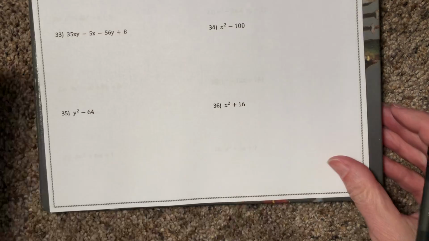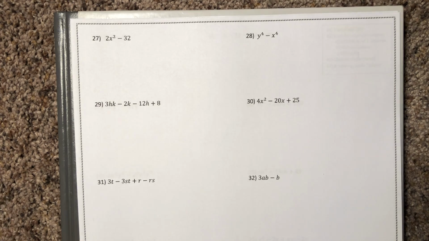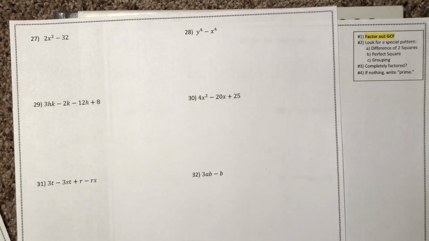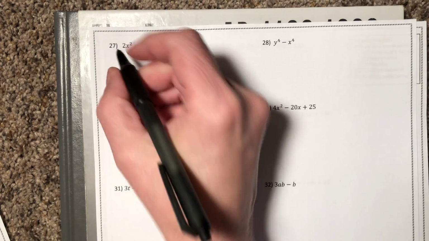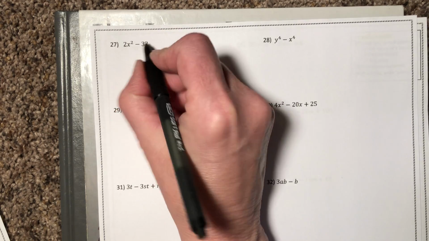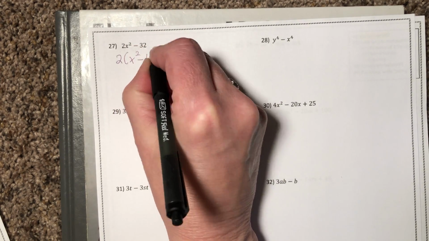Okay, I'll start moving a little faster in a minute here. Okay, 27. Oops, where's my checklist? Here's my checklist again. Right, step 1, look for a GCF. There is a 2 in both these numbers. That's it. There's no letter in both parts. So pulling out a 2, x squared minus 16.